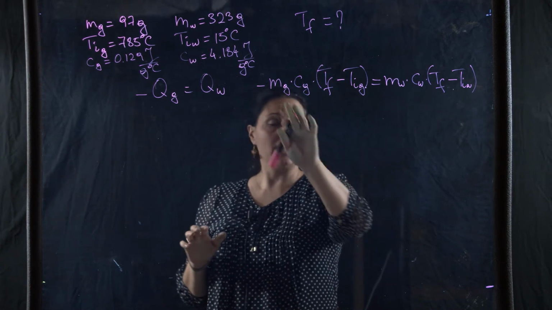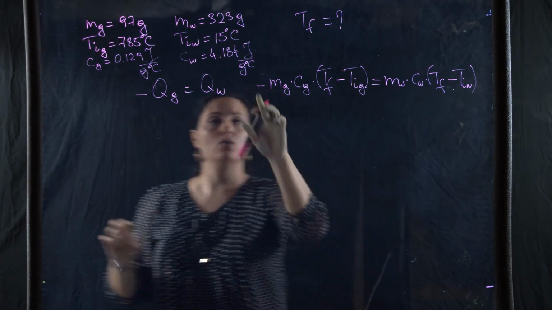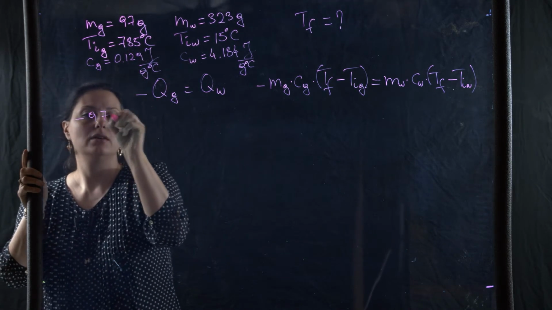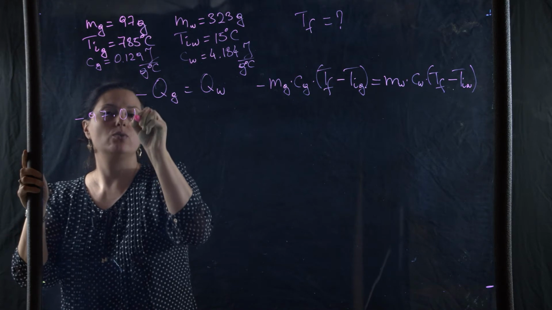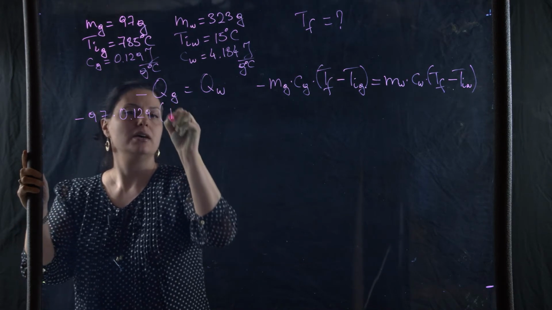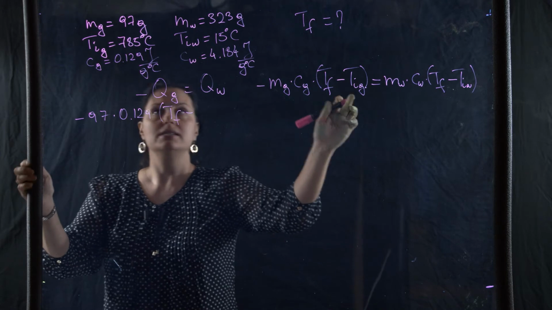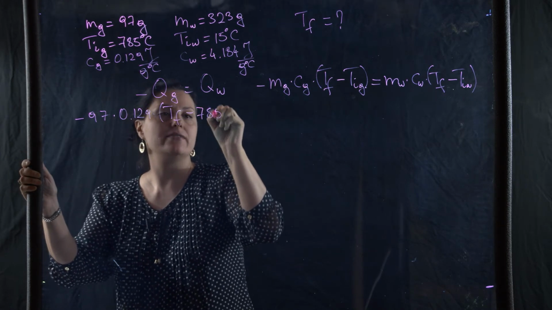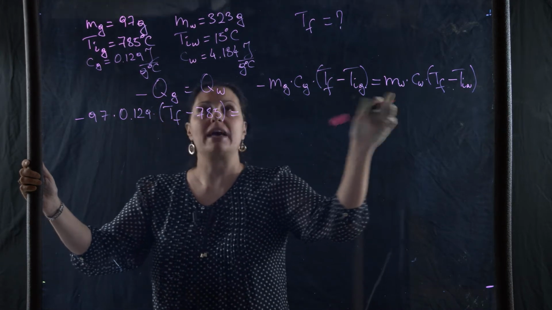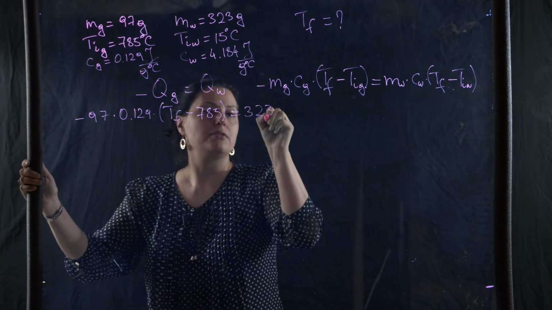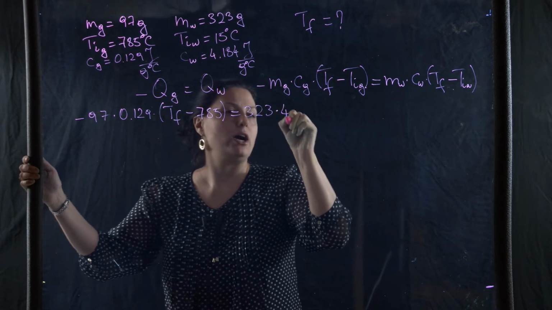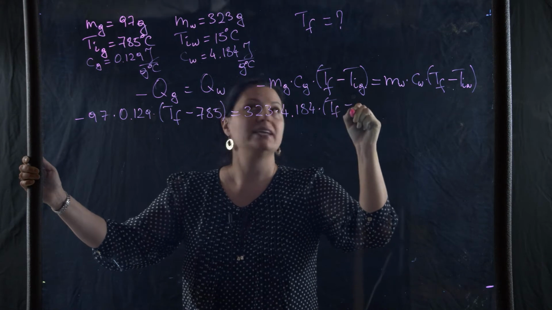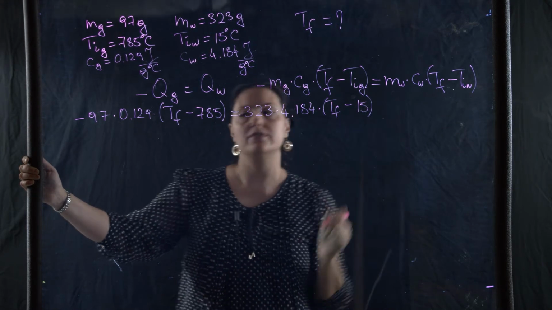Now that I have this, I can go ahead and plug in the numbers that I know. Minus mass of gold is 97 times 0.129 times T final minus T initial, which is 785 degrees, is equal to the mass of water, 323, times the specific heat for water, 4.184, times T final minus the initial temperature of water, which is 15.